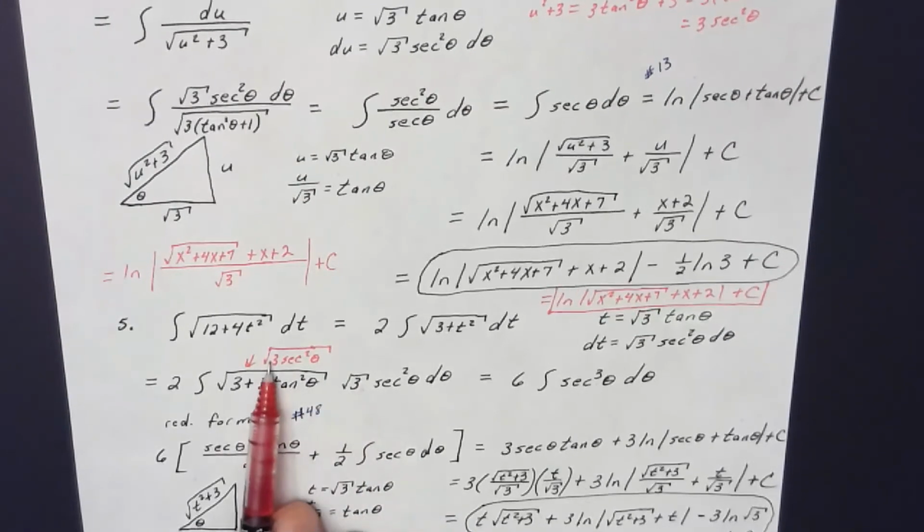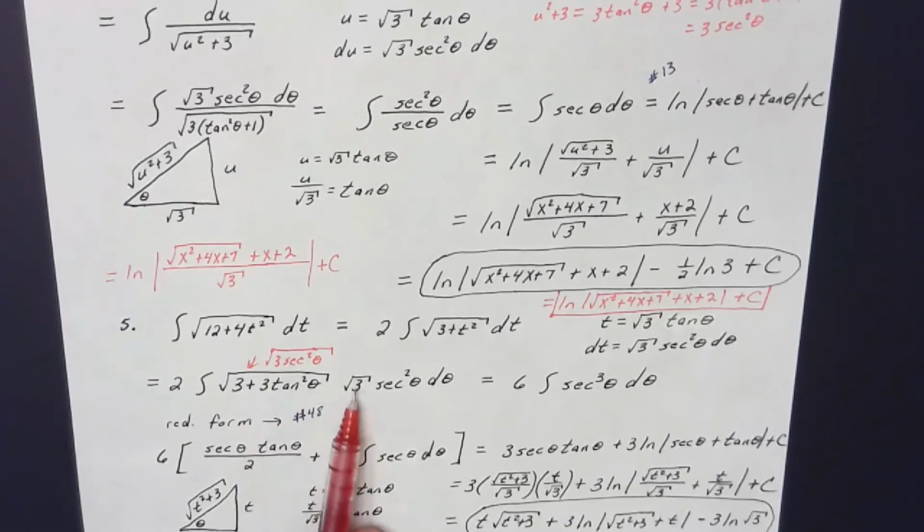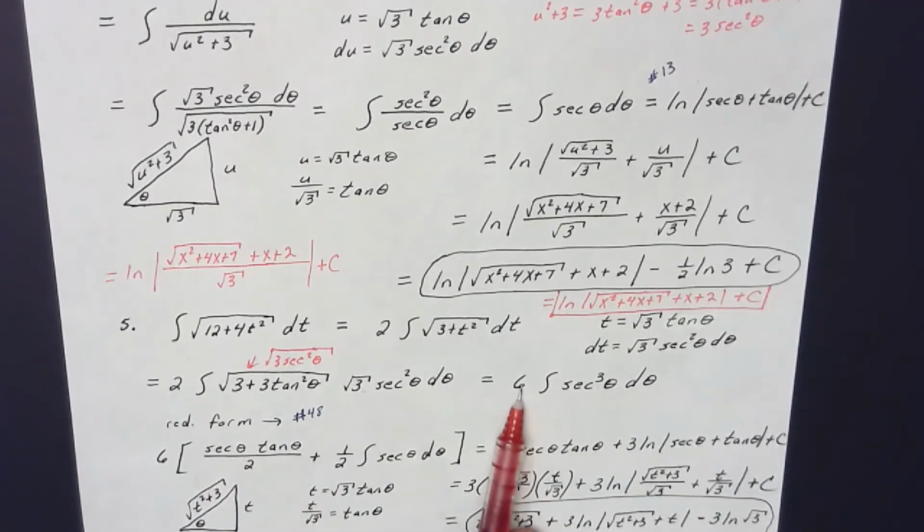Those two will combine to be one factor of 3 that gets brought out to the front, multiplies the 2 for a 6. But then I would have secant to the first times secant to the second is secant to the third. Well, anytime you're dealing with the secant function in there, it's a little bit rough unless you also have a tangent to use a nice identity with. But in this one, I'm just using a reduction formula.